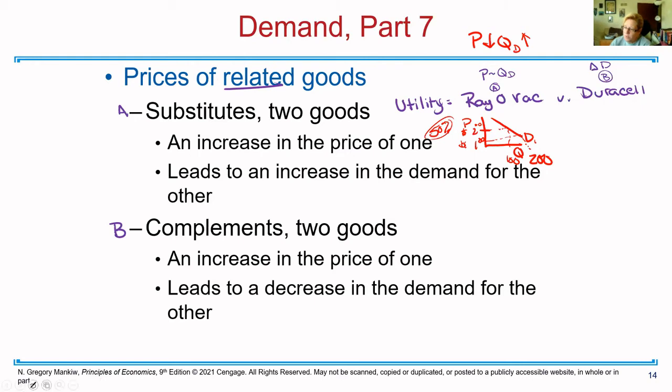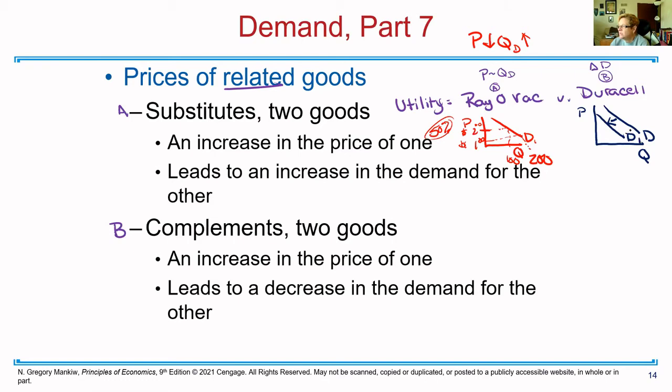But where did those 100 people come from? Those 100 people came from Duracell. Because essentially what happens is, again, I'm going to draw price and quantity. Here's our demand curve for Duracell. Now, because Duracell and Rayovac are in the same battery aisle, some people, because of the change in price, are going to buy Rayovac this time.